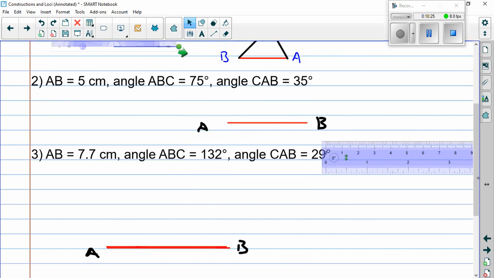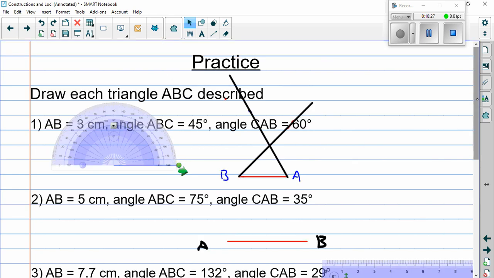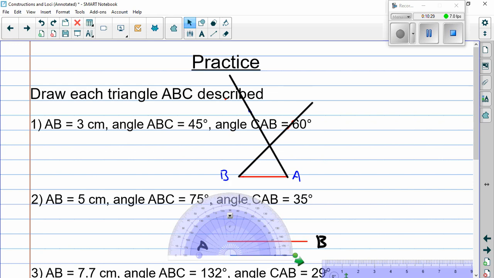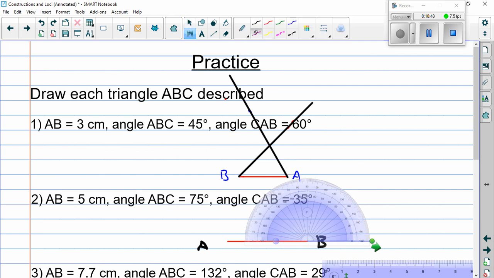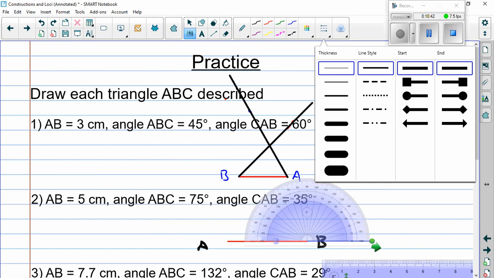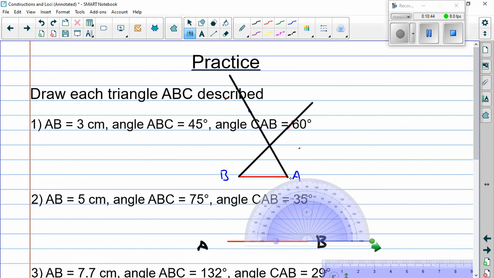So next one we're going to do, I've already drawn my 5, so now angle ABC, so let's do this properly this time. Angle ABC is 75 degrees, so first thing we're going to do is, I'll do this in a different color because I can see this already overlapping my other diagram. So here, 75 degrees, indicate it, right?